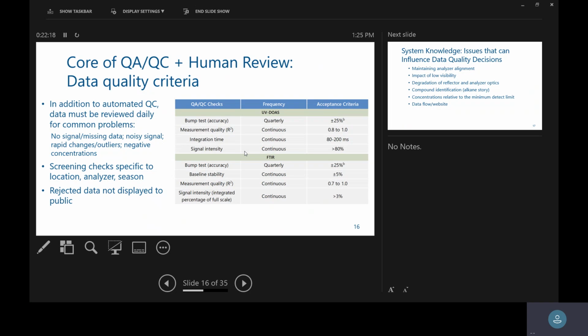Various instrument-specific aspects, signal intensity, parameters related to that. And this is for the two general main types, UV and FTIR. Just different parameters that are looked at and different objectives in that preliminary data review.